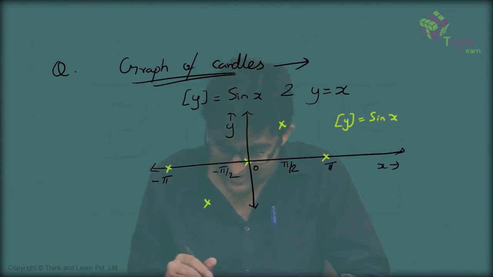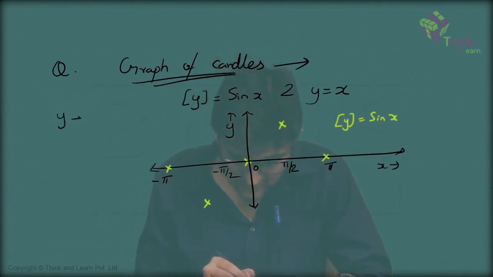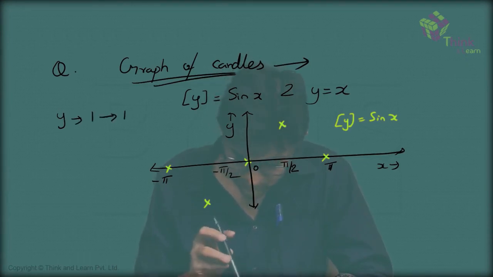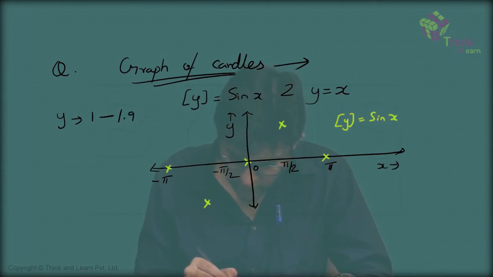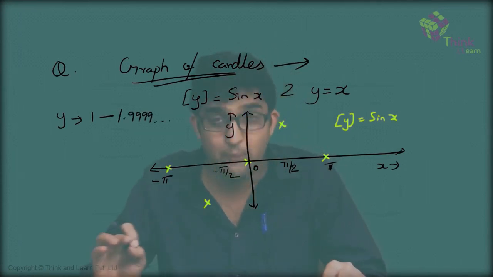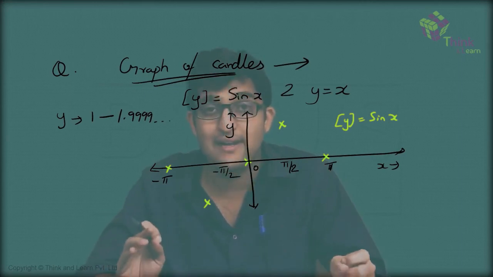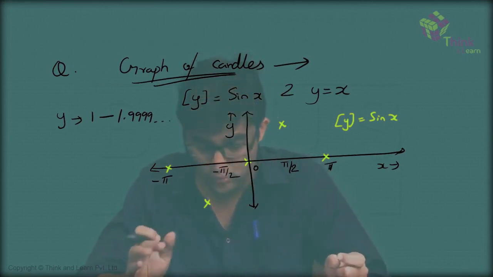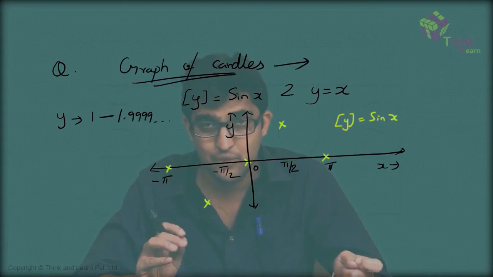But y can take this point 1 when y is a value between 1 and 1.99999, right? Any value. So if I put a value of y between 1 and a value just below 2, y will always take the value 1.